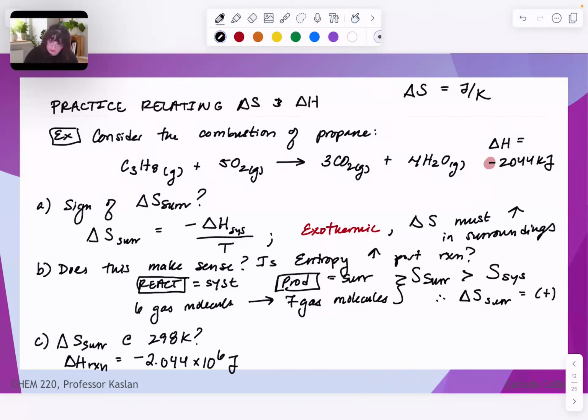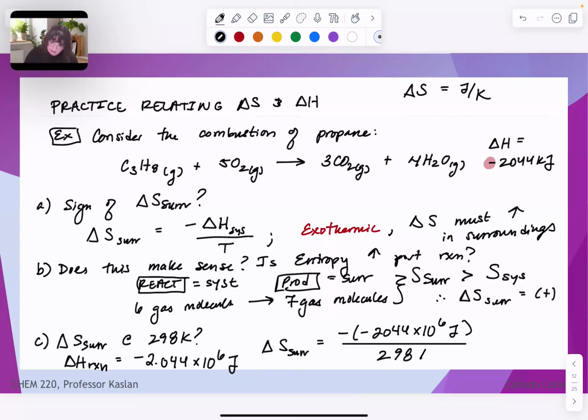And since we're looking at this at 298 K, we would get the change in the entropy of our surroundings is equal to negative 2044 times 10 to the 6 joules per our 298 Kelvin. Okay, we should get a positive value here. Let's check.